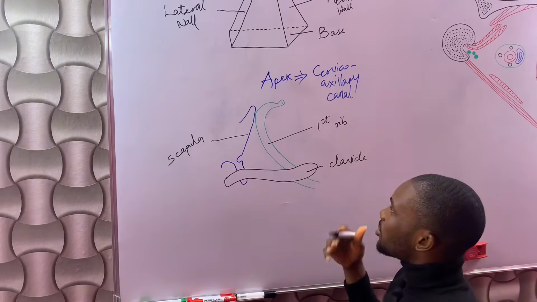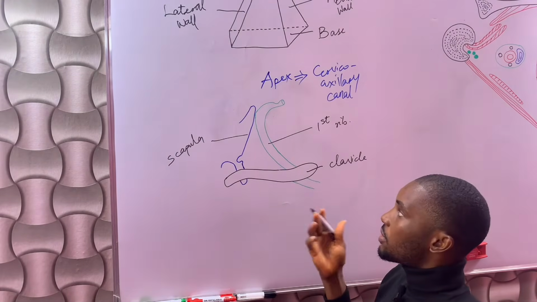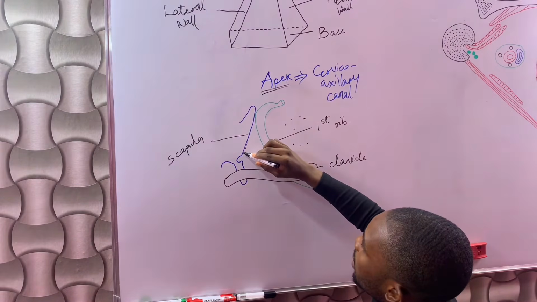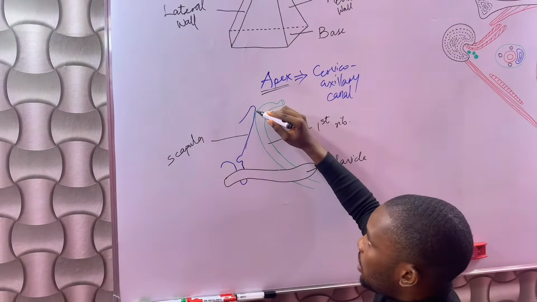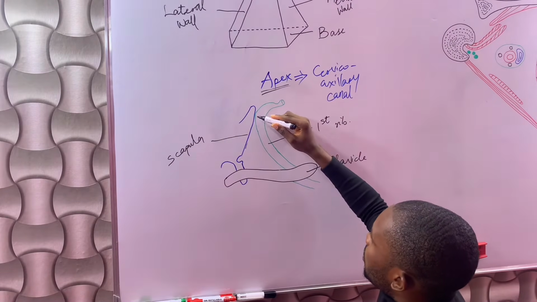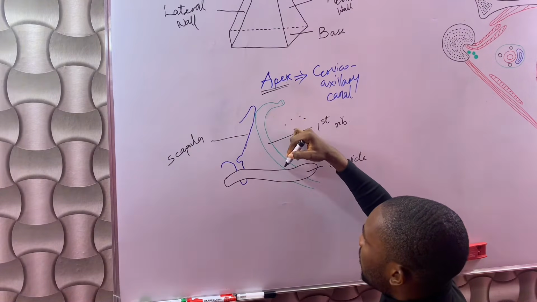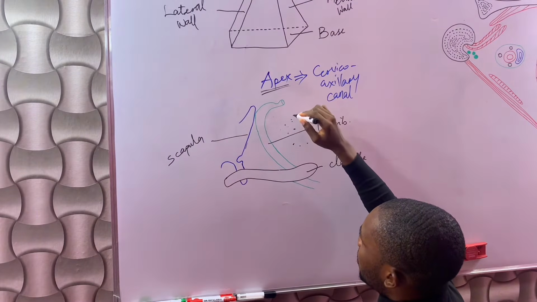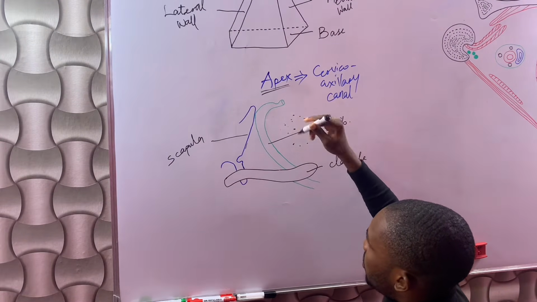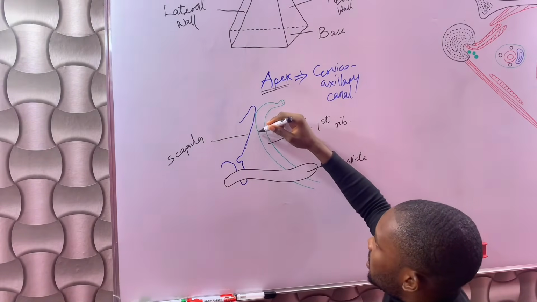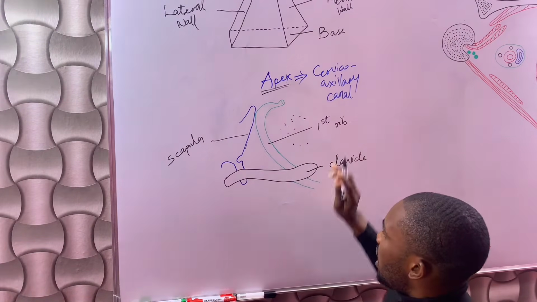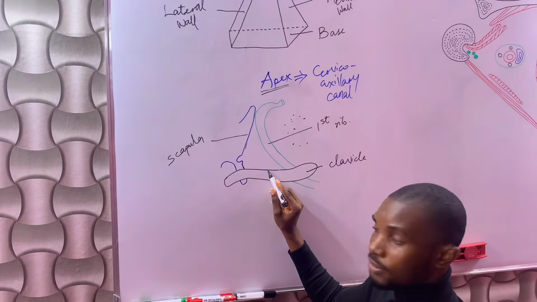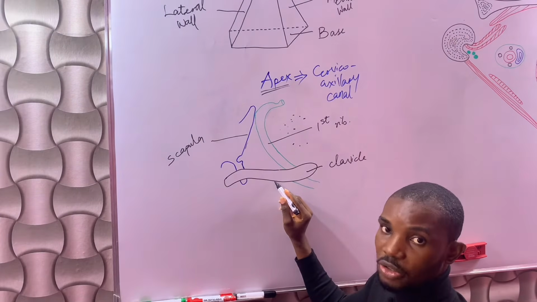You know, in anatomy, sometimes they want you to be a little more precise. And for precision's sake, we label here as the upper border of the scapula, the lateral border of the first rib, because you know this is the medial border, and this is the part that leads to the thorax. Okay, so this is the medial border, this is the lateral border of the first rib, and then for the clavicle, this is the posterior border of this clavicle, this is the anterior border of the clavicle.